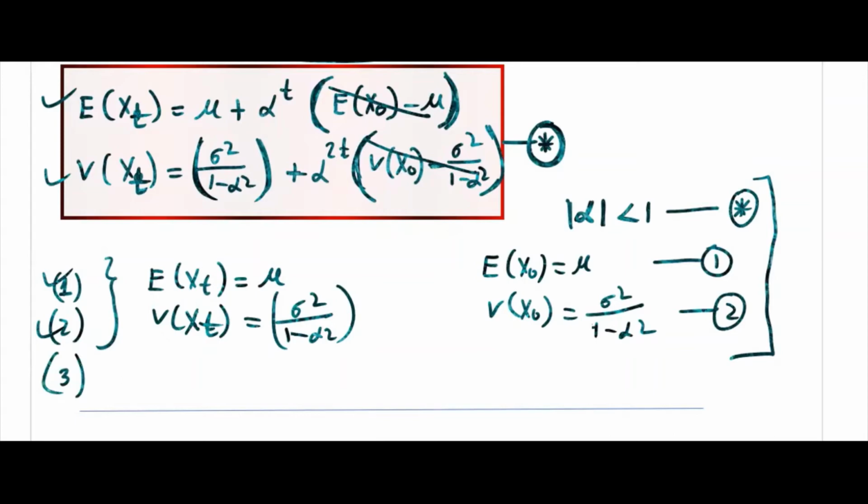Covariance we'll go to later. At least you have to see these three conditions.